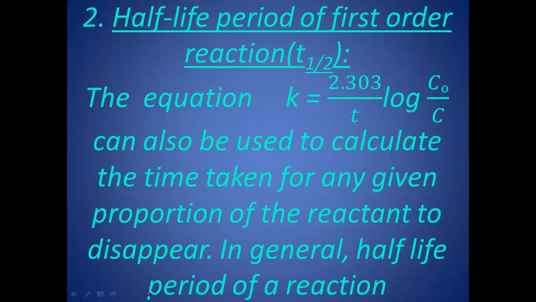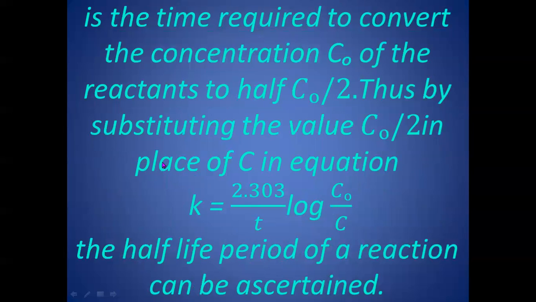In general, what is the half-life period of a reaction? As I told you earlier, it is the time required to convert half of the reactants into product. So it is the time required to convert the concentration C0, that is initial concentration of the reactants, to half of it, means C0 by 2.